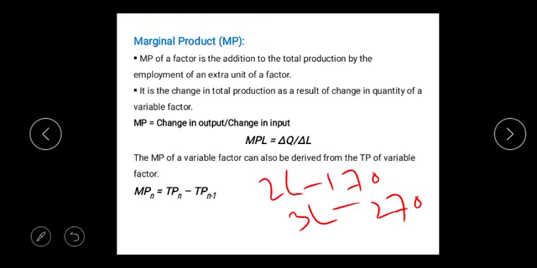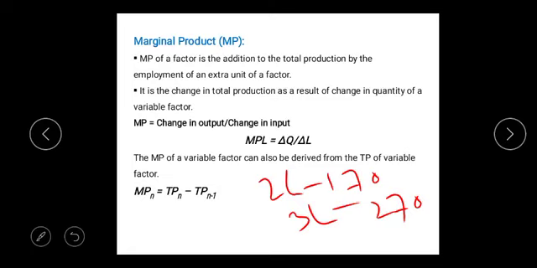It can be calculated with the help of this formula, that is MPn is equal to TPn minus TPn-1. That is, marginal product of third labor is equal to total product of 3 units of labor minus total product of 3 minus 1 units of labor, which will be equal to total product of 3 units of labor minus total product of 2 units of labor.